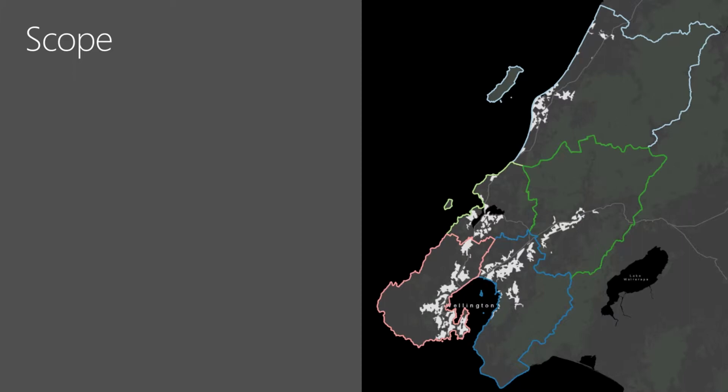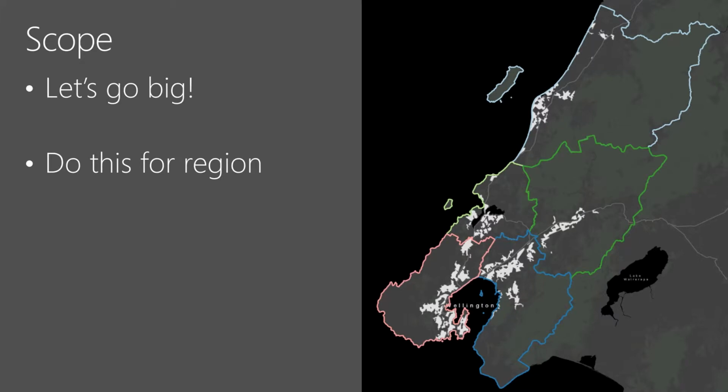Because of that, we decided to go big. What we mean is that we decided to do this for the entire region, because simply if the council boundary stops in one place, it doesn't mean that on the other side of the street it's not having any influence. So that's why we had to do this for the region.